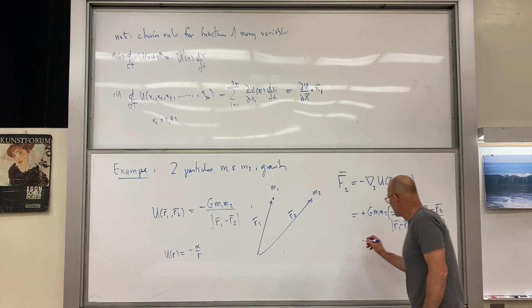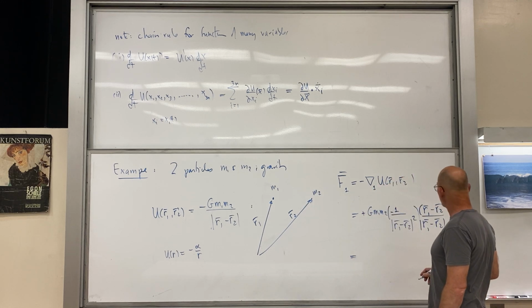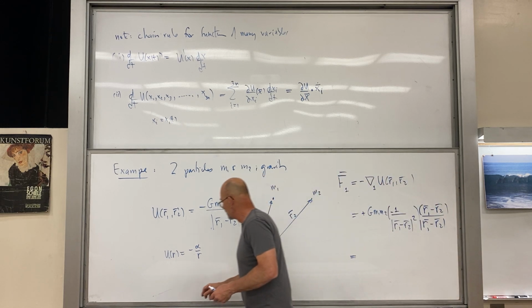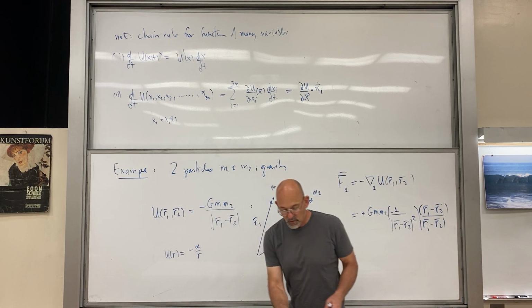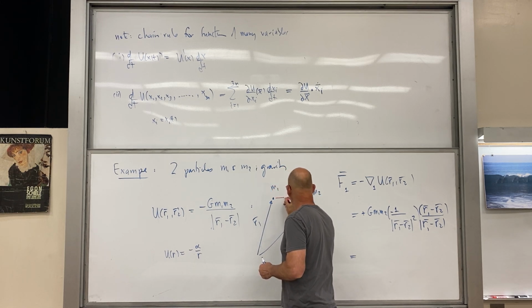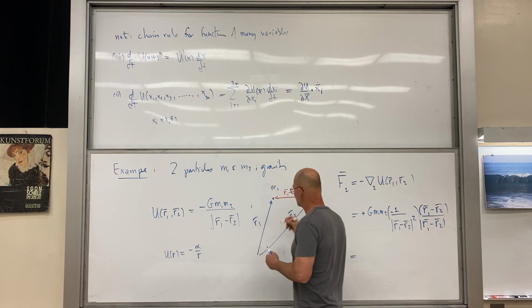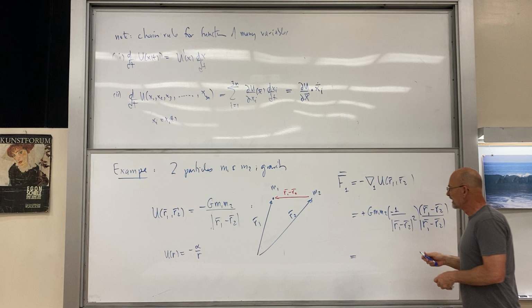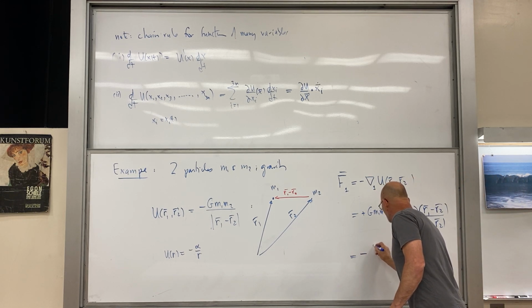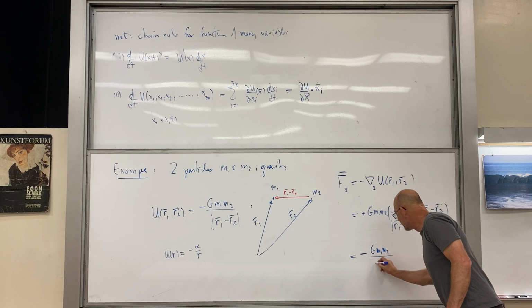So let's make sure we get something useful out of here. So R1 minus R2, as you guys well know, is pointing at R sub 1, right? So this is R1 minus R2. And our force, we have a minus G M1 M2. There's the minus sign right there.